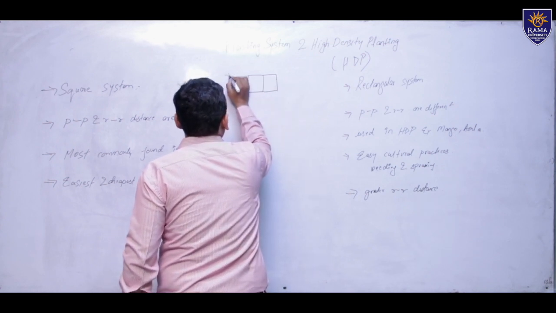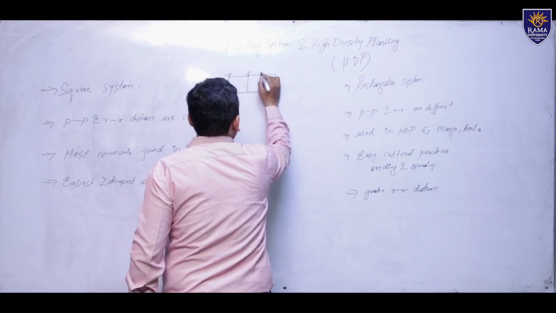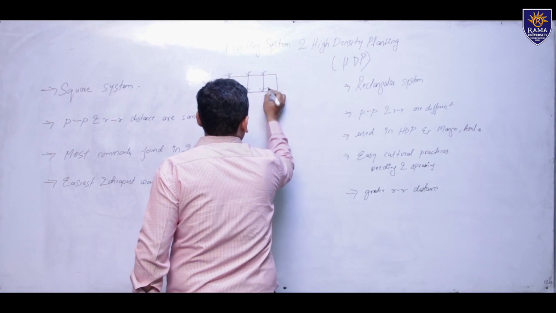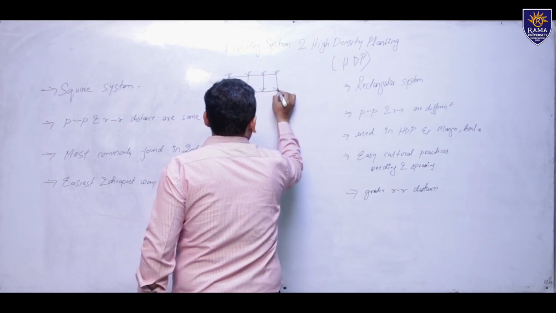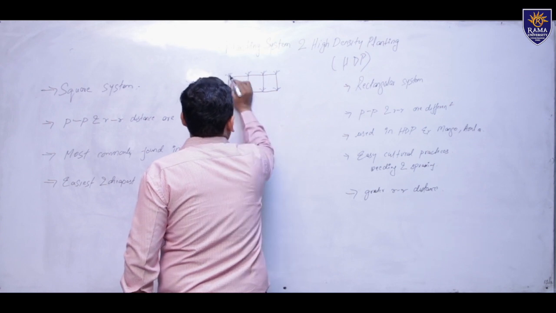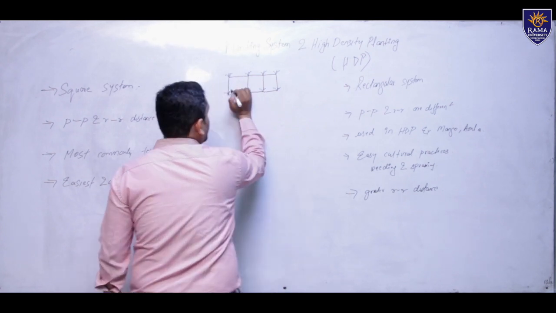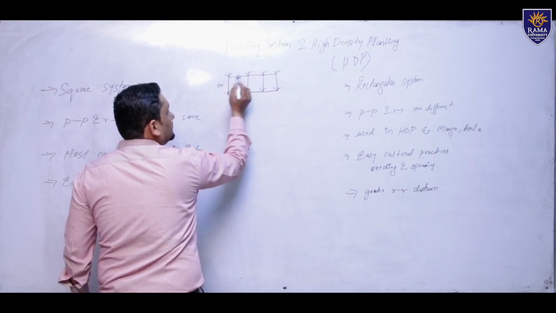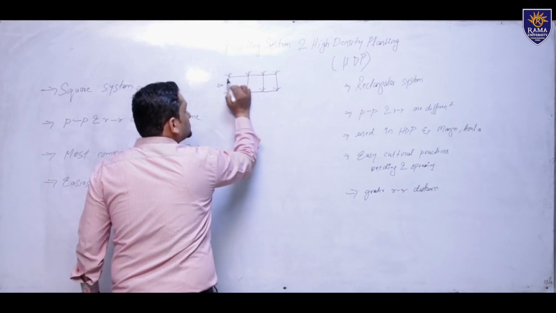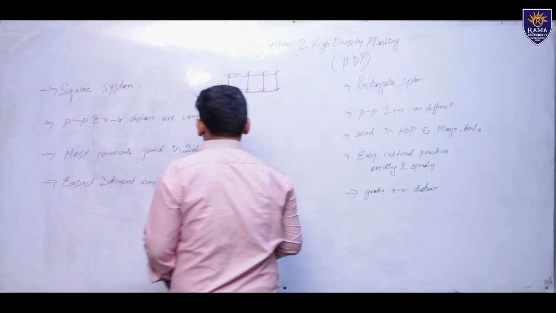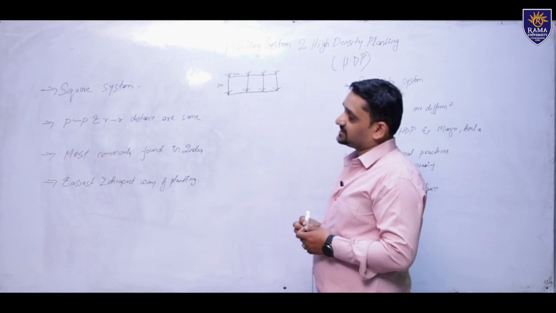In this, these are the plants. So in the square system, plant to plant distance and row to row distance will be the same. For example, if the plant to plant distance is 3 meters, then the row to row distance will be 3 meters. This type of system is known as the square system.